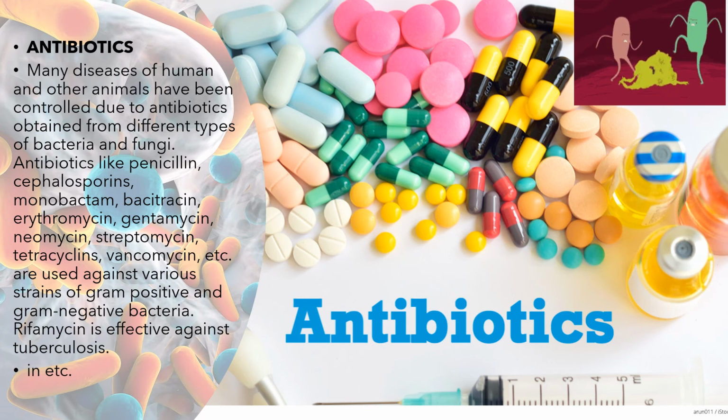When there are strains जो bacterias होते हैं under microscope देखने के time पे there are certain bacterias which are stained as gram positive and gram negative. Okay. Rifamycin is effective against tuberculosis also.